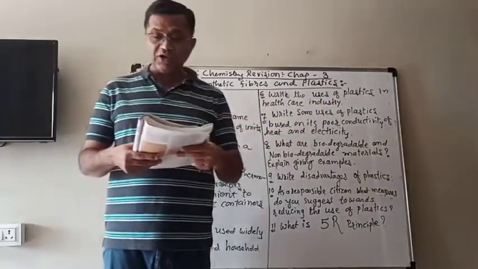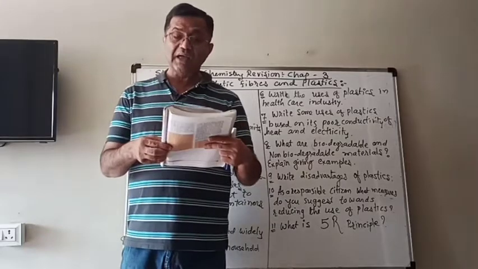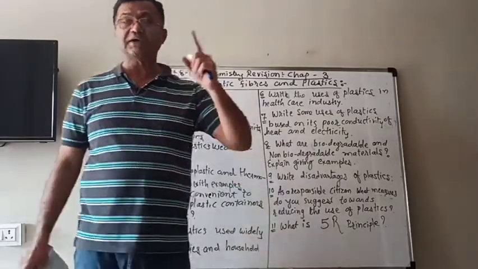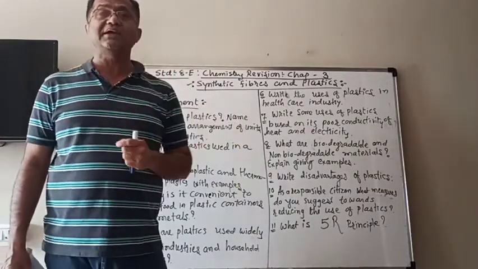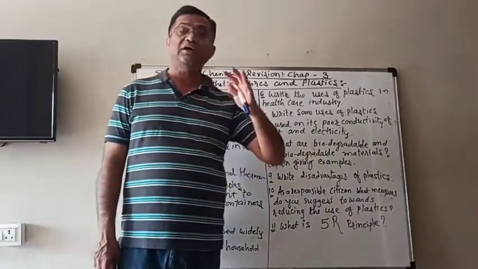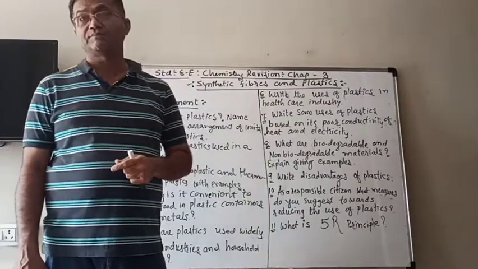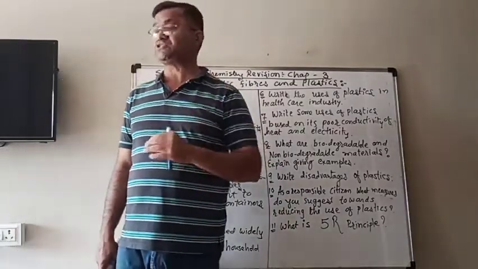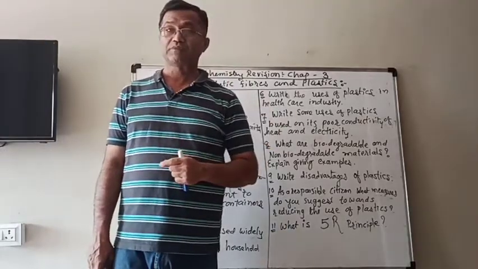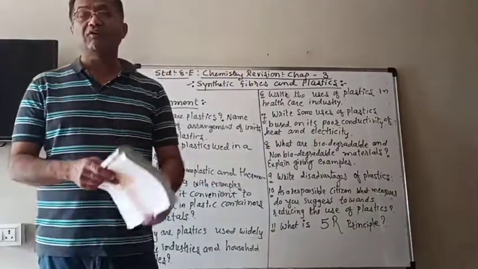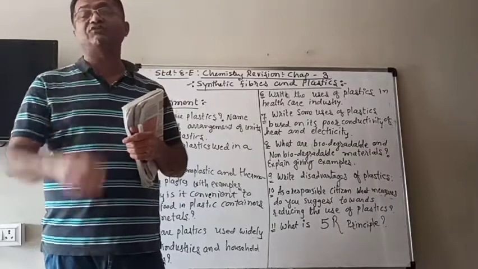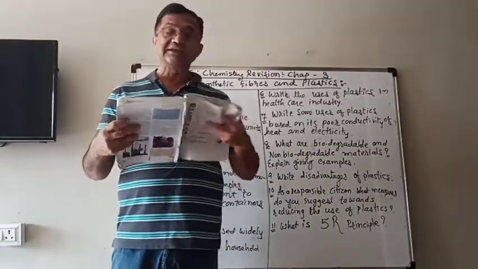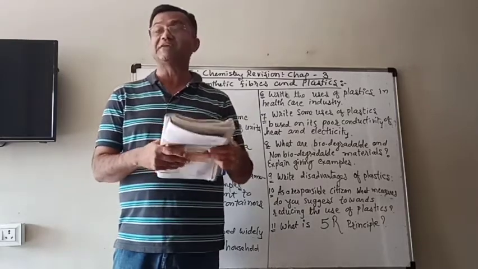Now, biodegradable and non-biodegradable material. Before we go on to that, let me remind you about the clothes of the firemen, those people who work with the fire extinguisher when there is a fire. Those people have to come in contact with the fire, and therefore their clothes are such that they cannot catch fire easily.